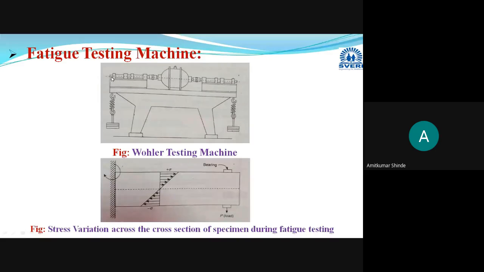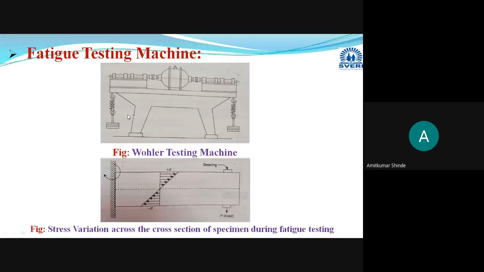This is your component, the specimen on which we are going to conduct the test. This is the loading, and here you have to rotate that part. We use different motors to rotate that component from one end. We apply the loads at one end, and from the other end we rotate that component.